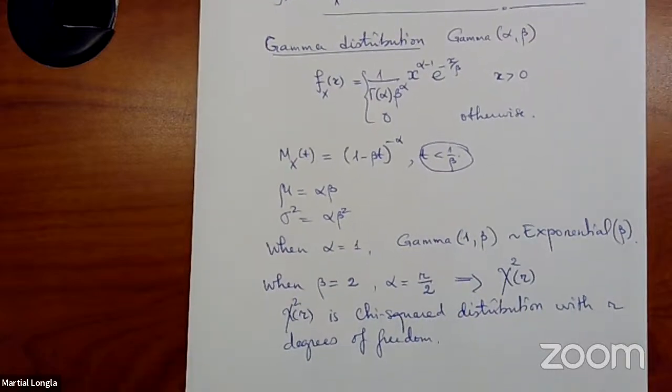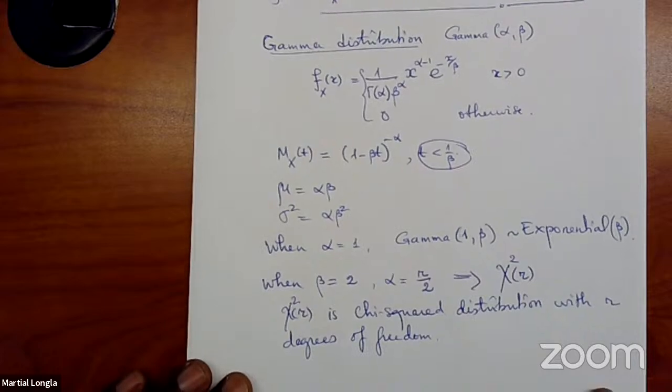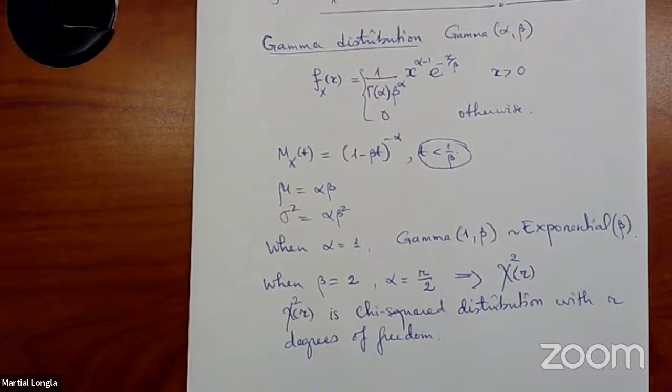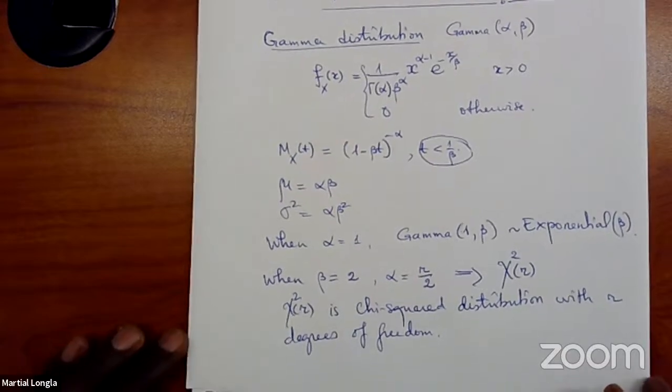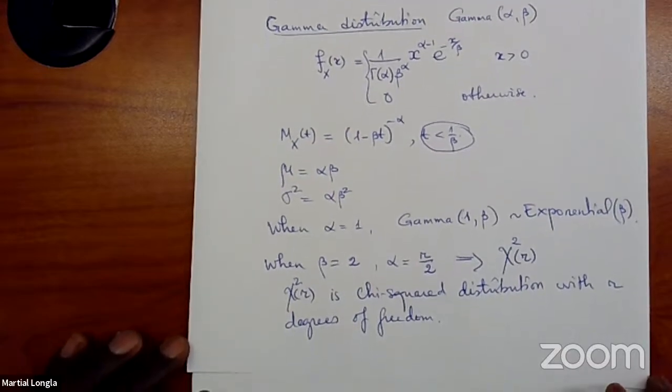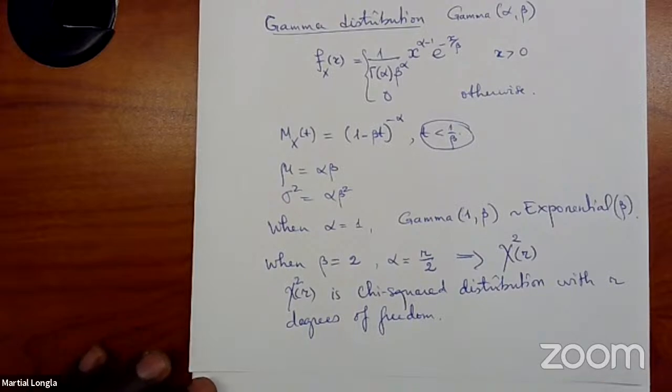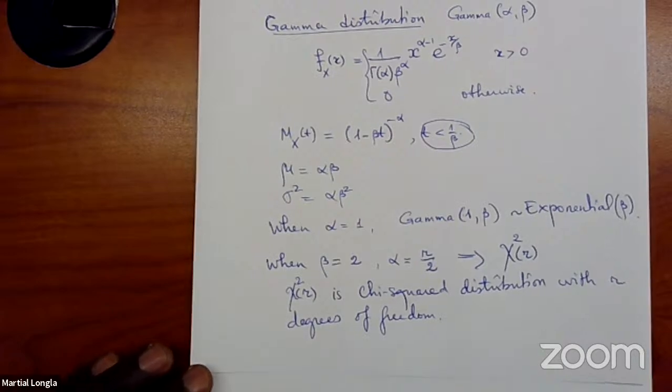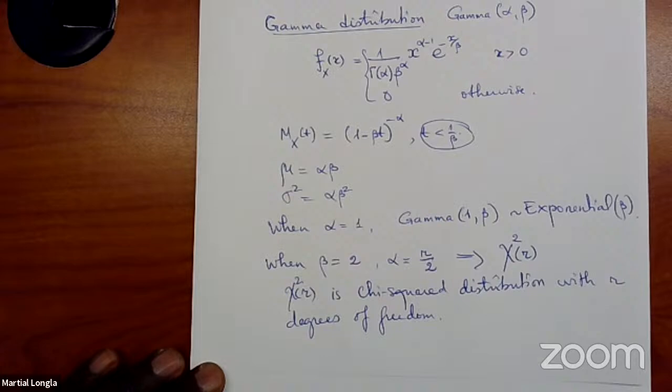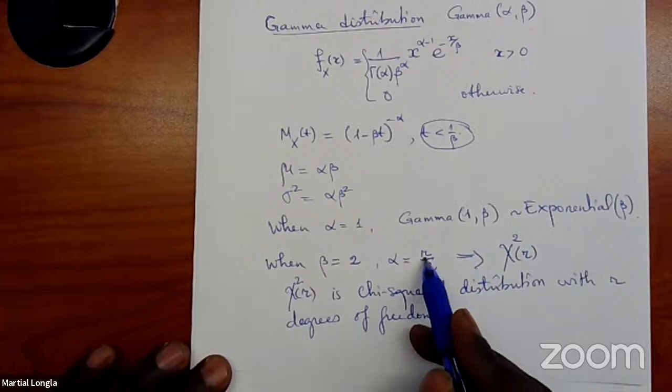And what is good about this distribution is that when you have a fixed beta equal to 2, alpha is r over 2.